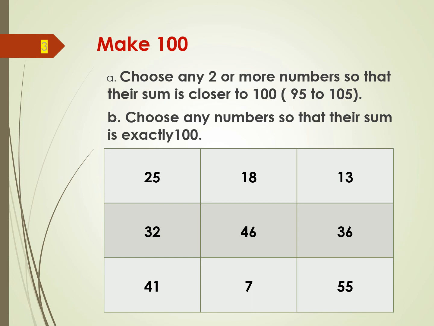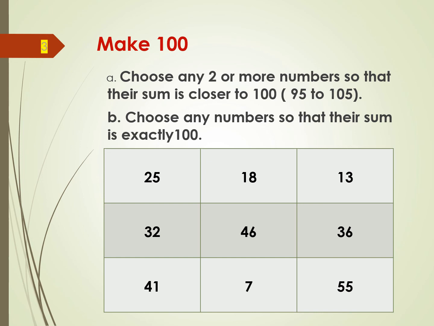Now, the first part is a little bit easier. Say, for example, 46 plus 41 is 97. Students can easily think of those. And also 46 plus 55. But when we ask them to find as many as possible, then if they take 25 plus 32, it's only 57.